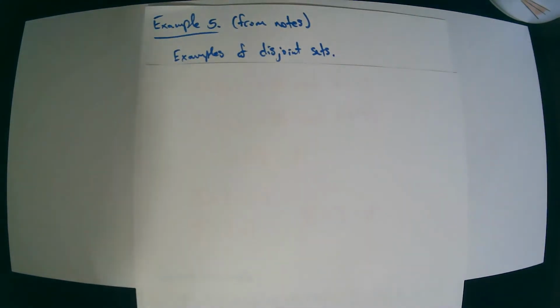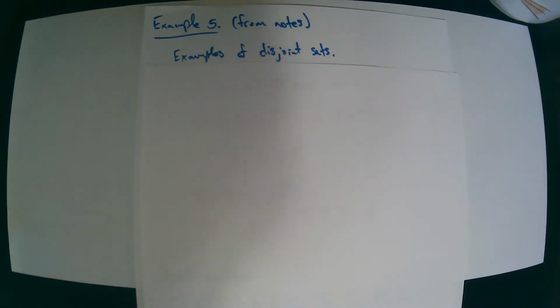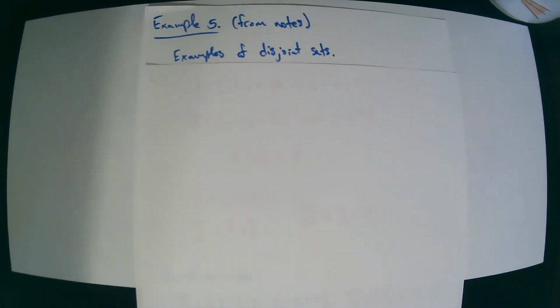Now, example 5 from the text said to give examples of disjoint sets. So I encourage you to try to come up with some examples of disjoint sets. It could be anything, two sets that share no elements. You can get creative if you'd like.